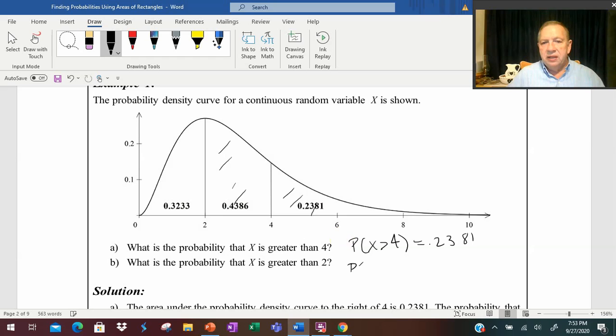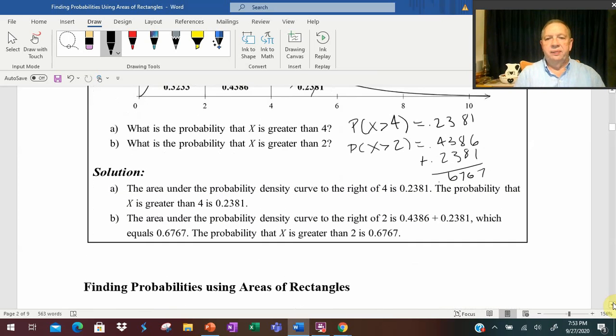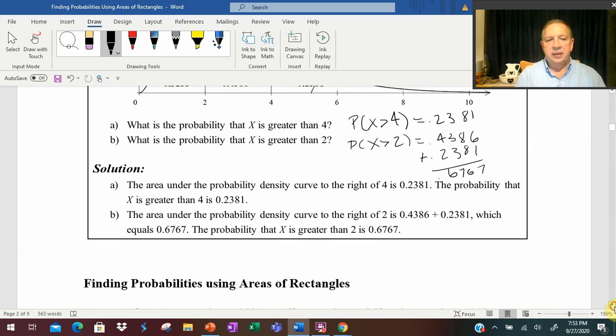So the probability of X greater than 2 would be the sum of these: the 0.4386 plus 0.2381, and that gives 0.6767. That would be the probability. I would add up this little piece of the area and then that little piece of the area. And we got this right: 0.2381 and the 0.6767.